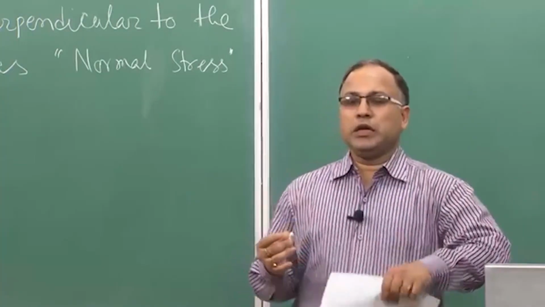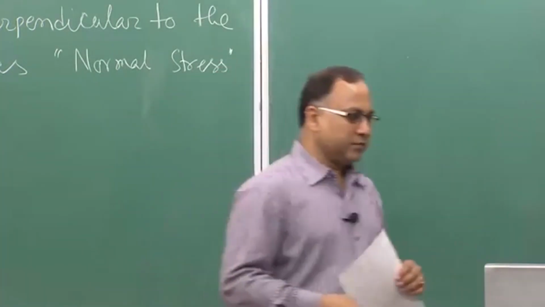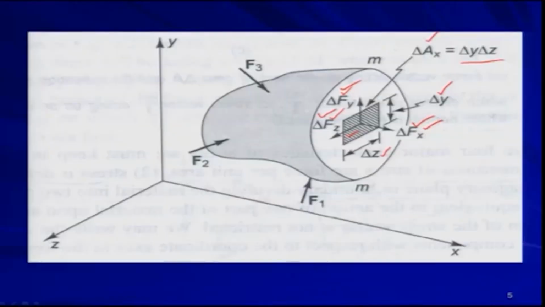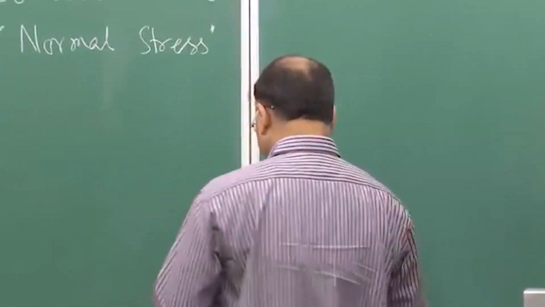If you come back to this figure, delta Fx was perpendicular to the plane, but delta Fy and delta Fz are along the plane, parallel to the plane. They are not normal to the plane. So, these forces will define some different stress components. Let us define that.